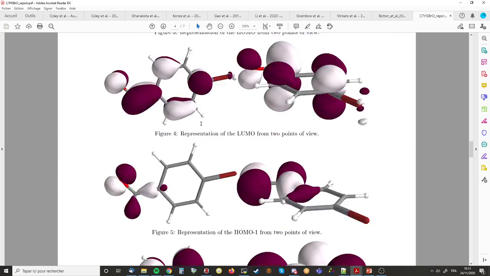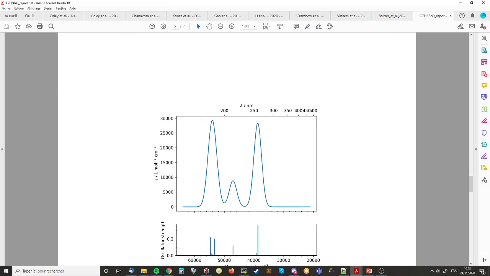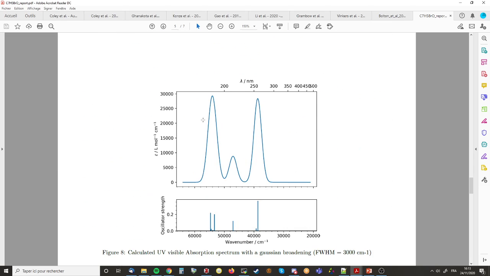And then you have the electronic absorption spectra in wavelengths and wave number. You have the pictures, but you also have the text files with all the points if you want to compare with the experimental data.